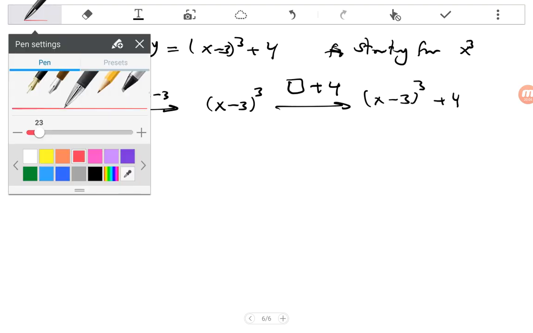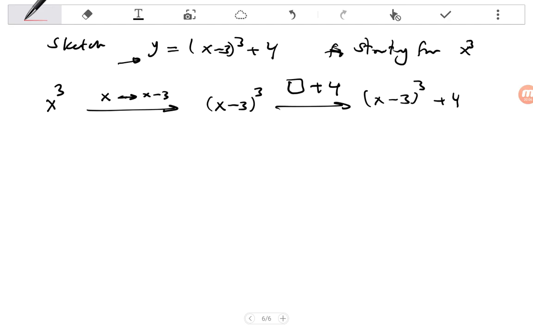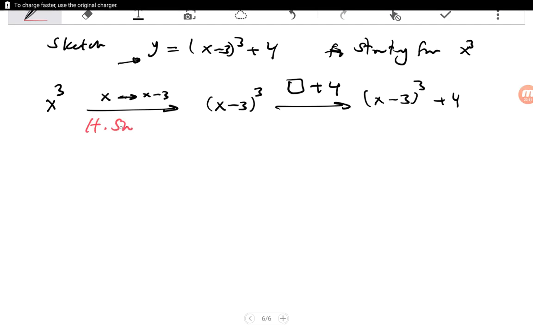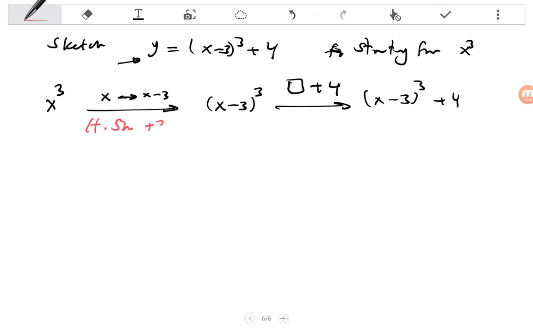What is the graphical meaning of each of these steps? The first is a horizontal shift, plus 3 or negative 3? That will be plus 3, to the right, 3 steps to the right. What is the meaning of the second transformation, taking the whole function and adding 4? It means a vertical shift, with plus 4 or negative 4?